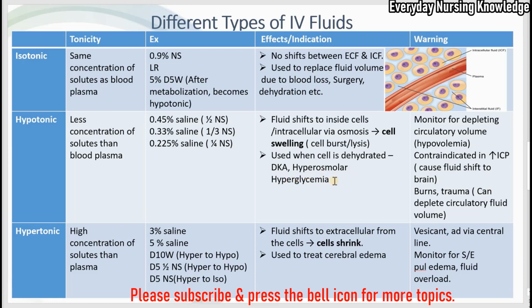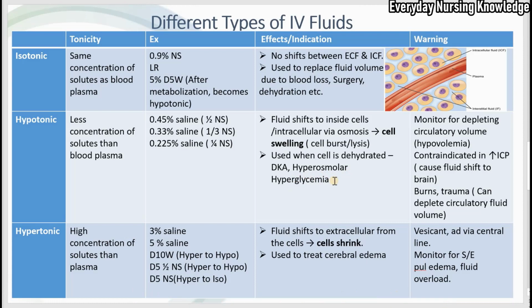Now, what are the warnings or the contraindications in giving hypotonic fluids? When you give hypotonic fluids, fluid from the extracellular moves to the intracellular. There will be depleting circulatory volume, or it can worsen hypovolemia. It is also contraindicated in increased intracranial pressure. The reason is hypotonic fluids can cause cell swelling.